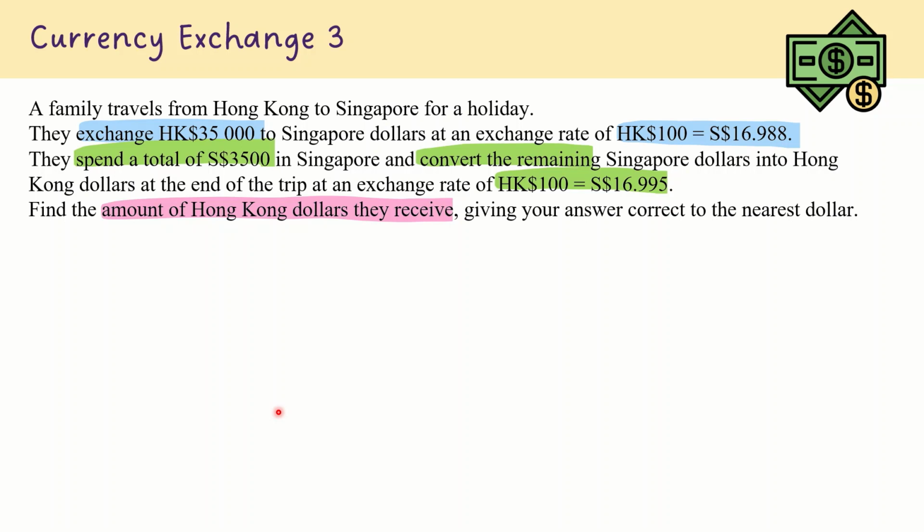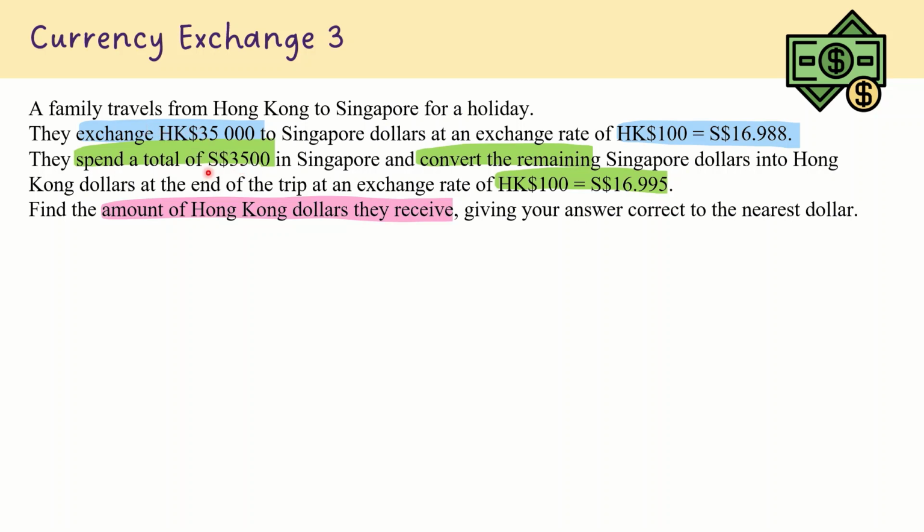To go about answering this question, we need to know how much is the amount of money remaining. But when they first stated in the question, they said that they exchanged 35,000 Hong Kong dollars. We cannot simply take Hong Kong dollars and subtract away the 3,500 Sing dollars because the currency is different.